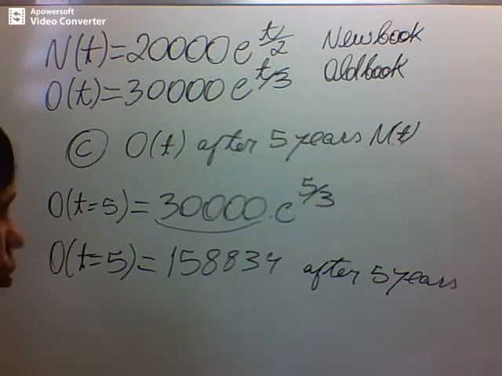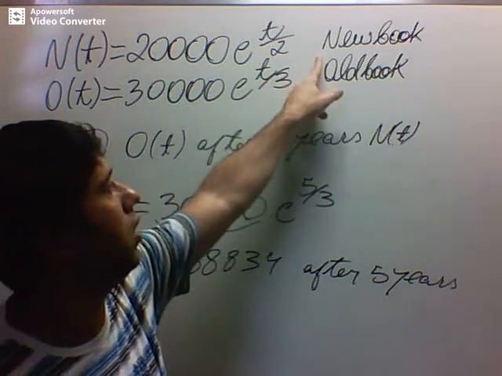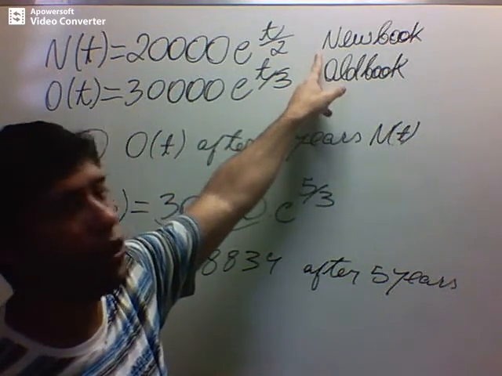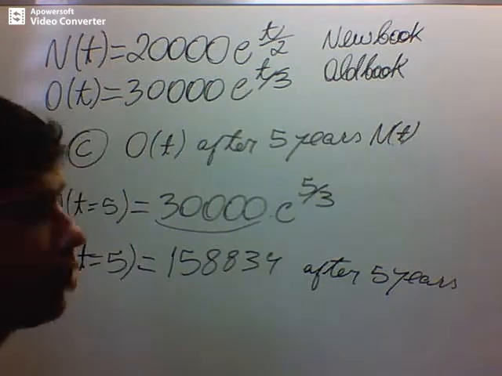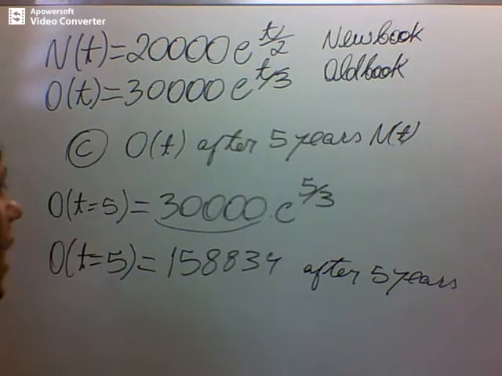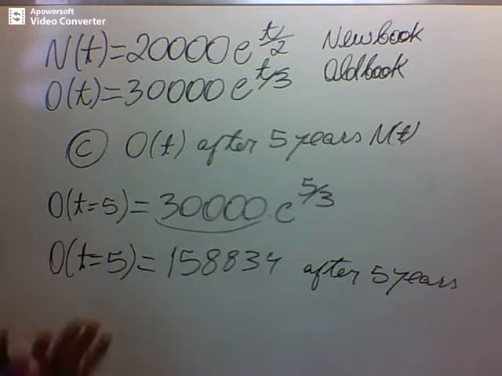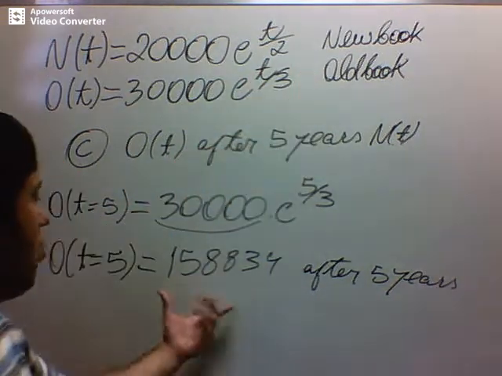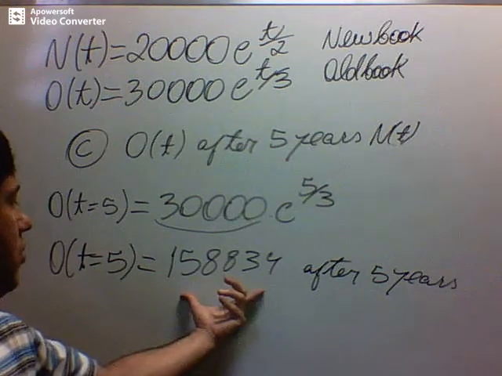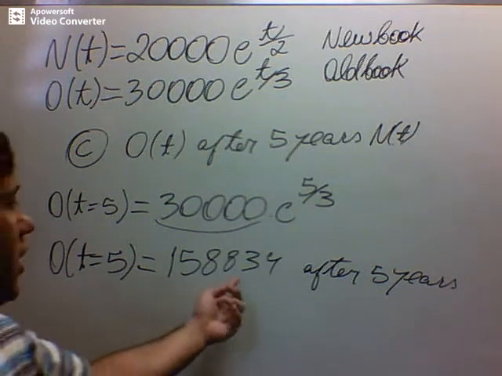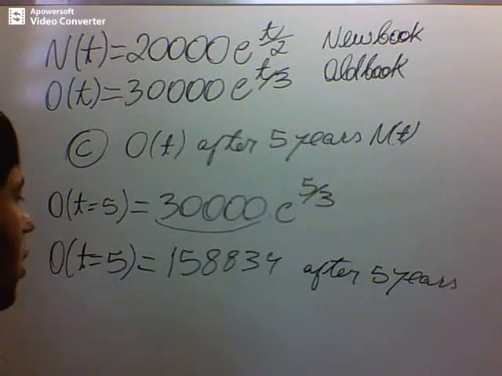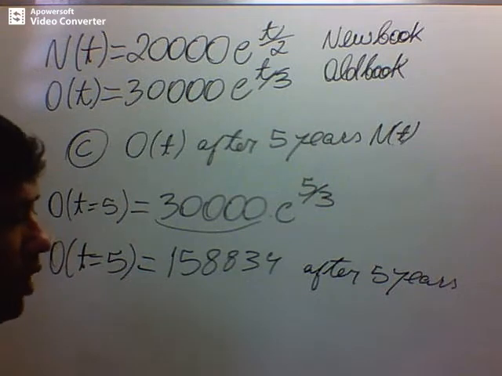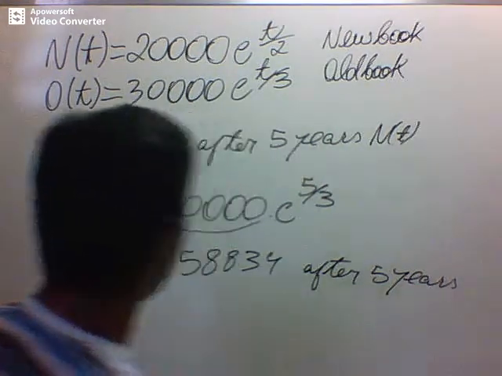However, now we changed the initial value because we want to know the amount of time it's going to take for new book to catch up with old book. At the time we launch new book, old book already has 158,834 users.